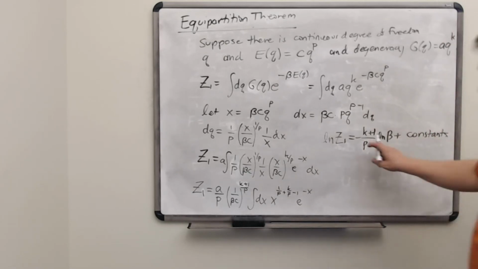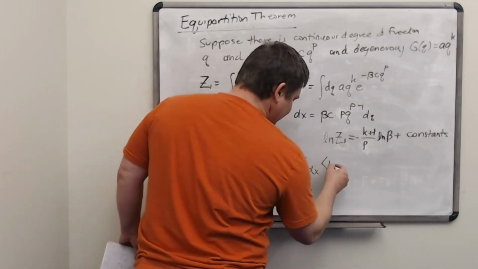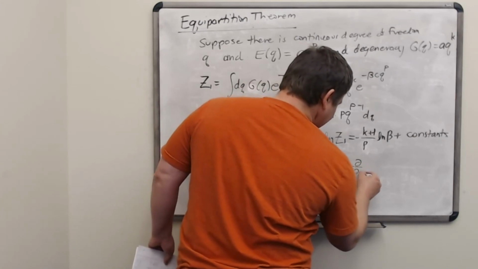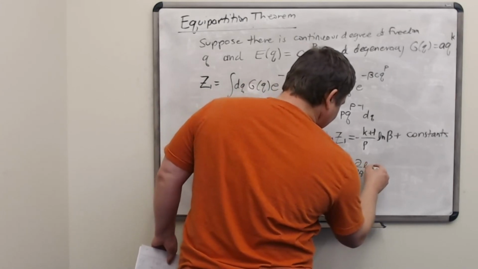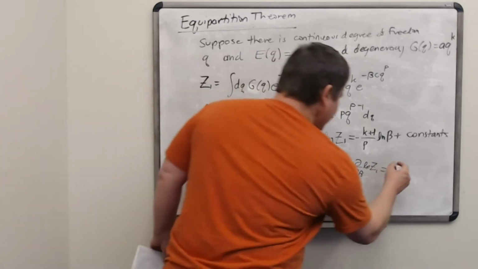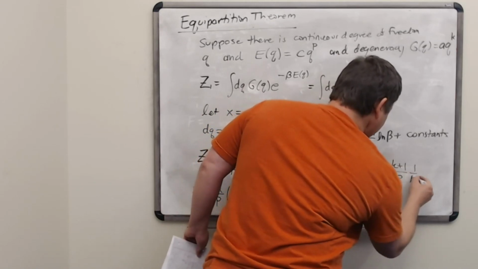All right, the reason I don't care about those other constants is because when I go to calculate the average energy of this degree of freedom, I'll be taking negative d beta of this log of z1, and that will just come out to be k plus 1 over p divided by beta.